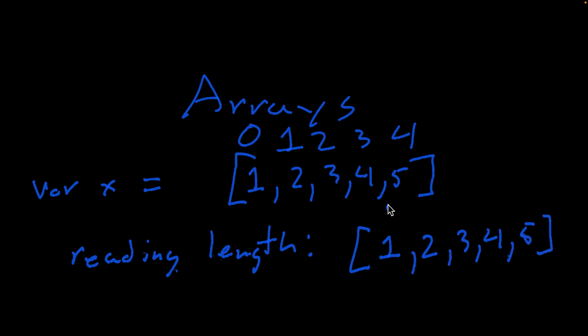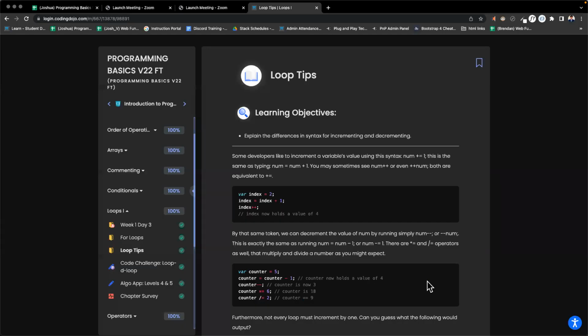Exactly. So this is a tricky little thing. Starts at 1, 2, 3, 4, 5. So the length equals 5. We will get there. Okay, so that's all we need to refresh on. Let's move on to loops.